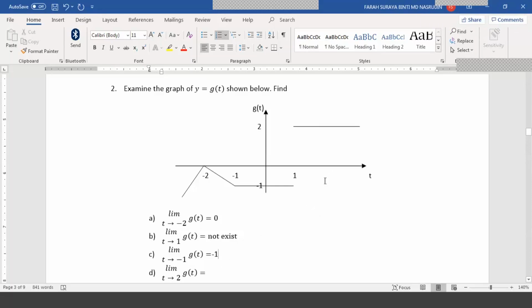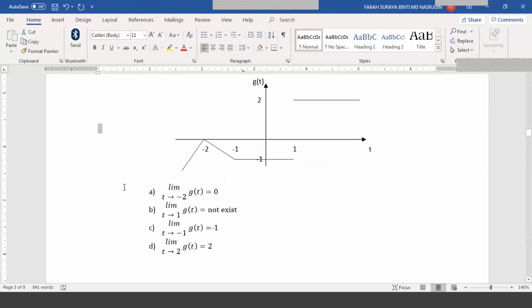Dua mestilah dekat sini, sebelah kanan satu. Dari kanan, 2. Kiri, 2. Dua juga. So, limit at T approaches 2 is equal to 2. Okay.